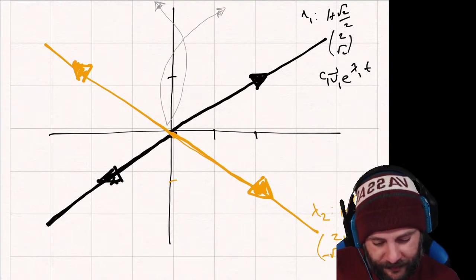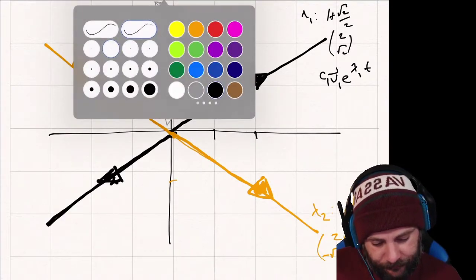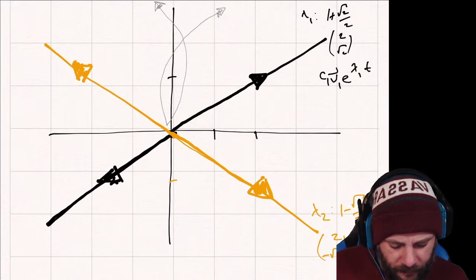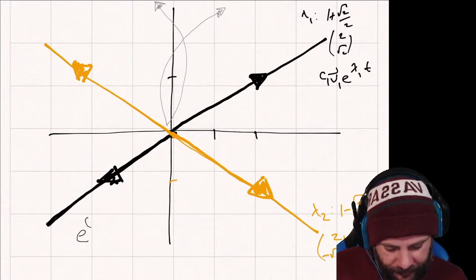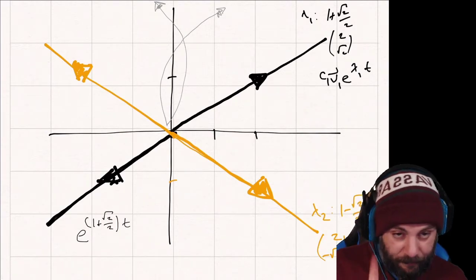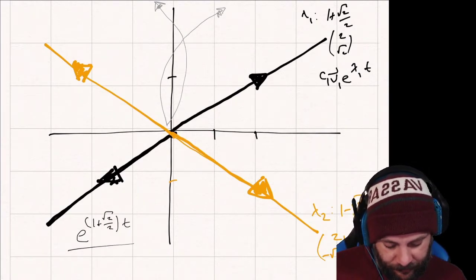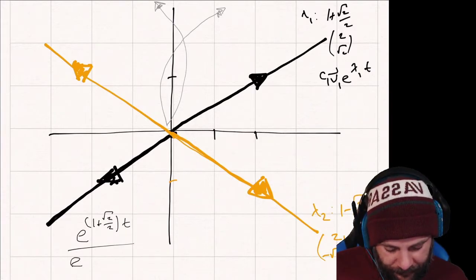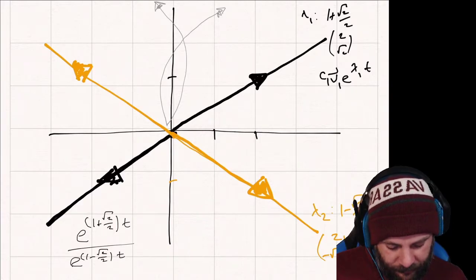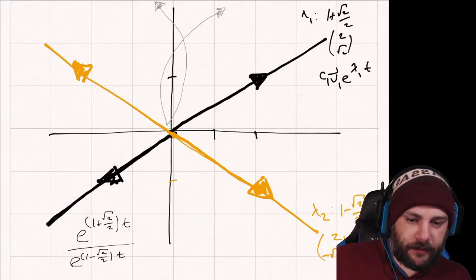To do this, we're going to do a sort of back of the envelope calculation. And what that means is something that is not precise, but is correct. Now, if we look at what I'm doing, I'm taking the ratio of the exponential parts of my straight line solutions.